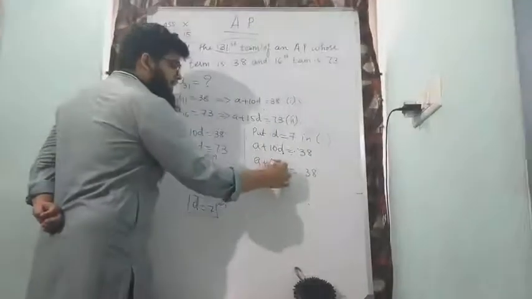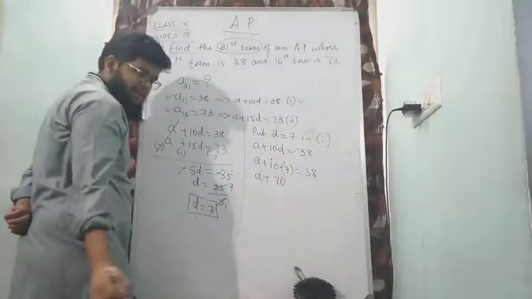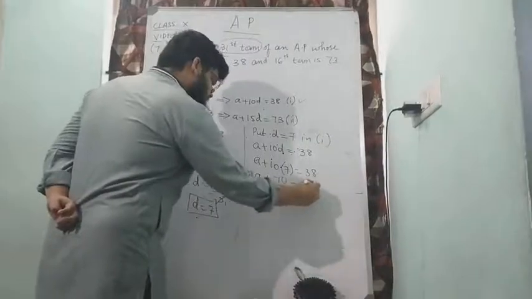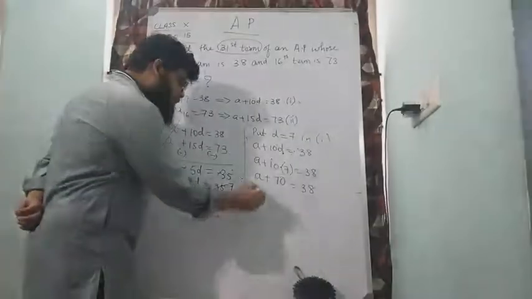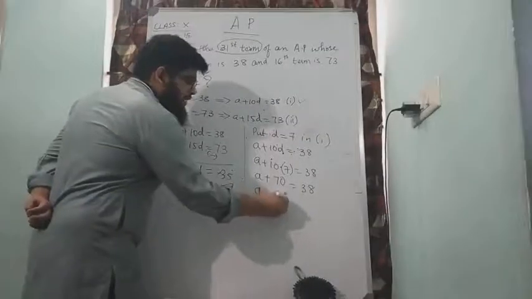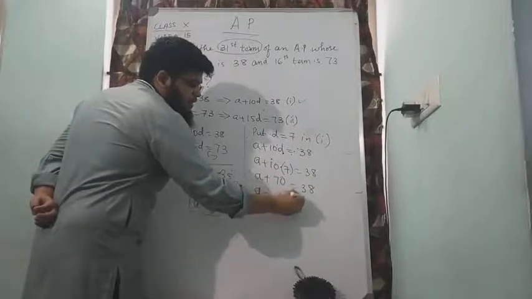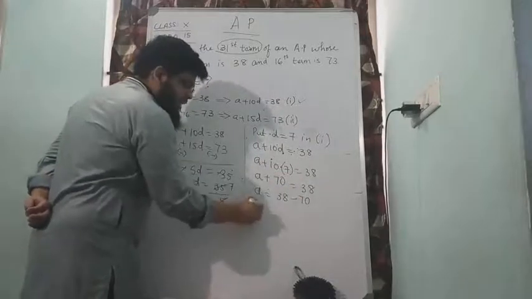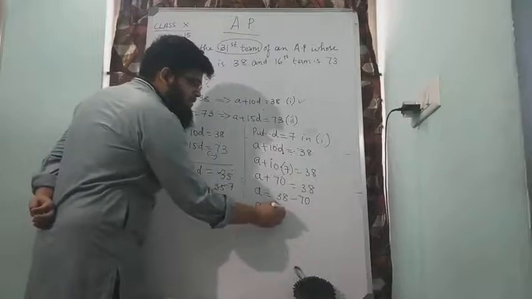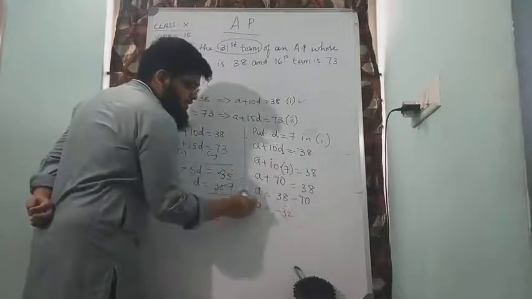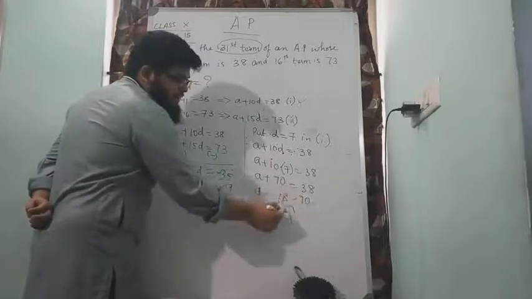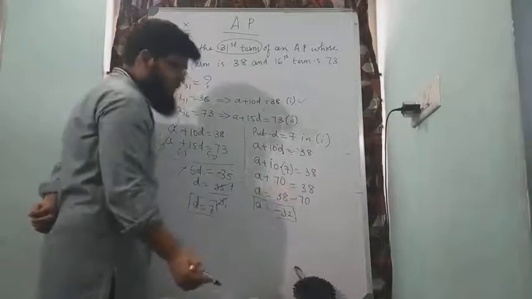A plus 10 sevens are 70 is equal to 38. Now A is equal to 38 plus 70 on taking to the other side becomes minus 70. A is equal to 38 minus 70, which is minus 32, because 70 is a greater number. 70 minus 38 is 32, 70 is greater, that's why you get a minus sign.